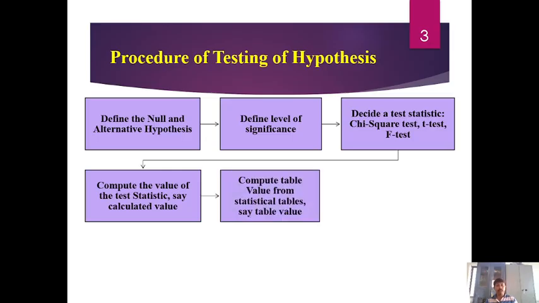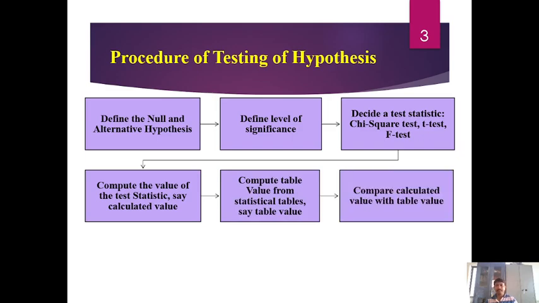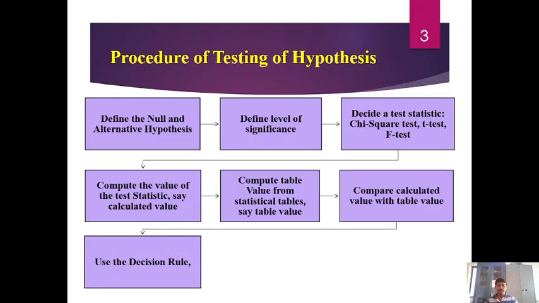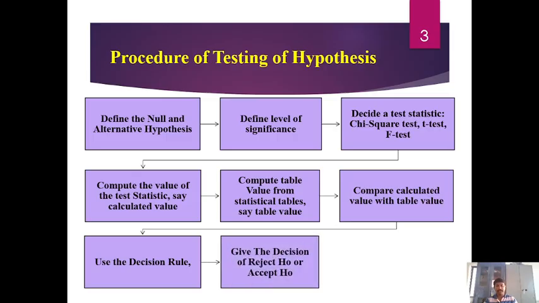Compute table value from the statistical tables, say it has table value. Compare calculated value with table value. Use the decision rule, and last step is give the decision of reject H0 or accept H0.